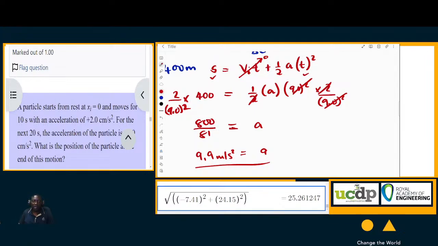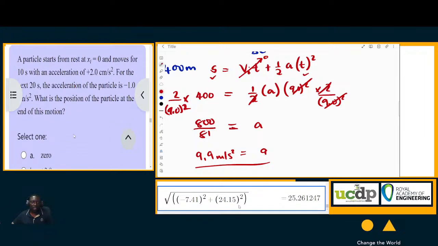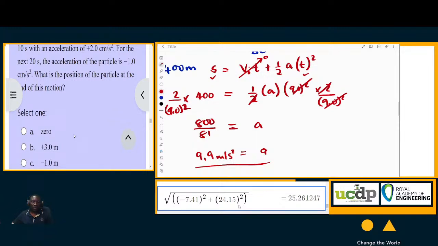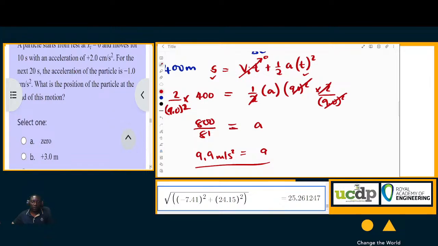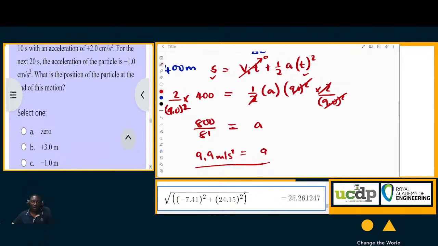For the next 20 seconds, the acceleration of the particle is, let's see what is hidden there, minus 1 centimeter per square second. And what is the position of the particle at the end of this motion?